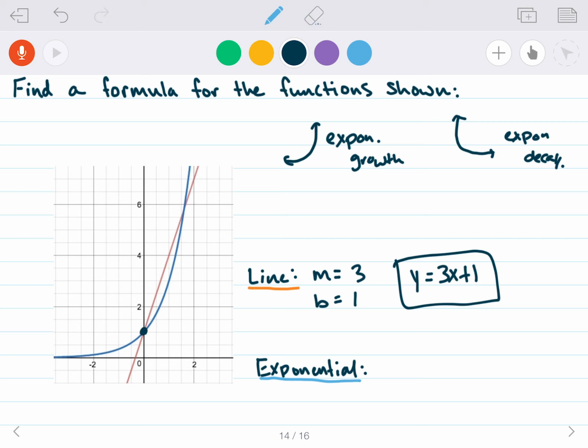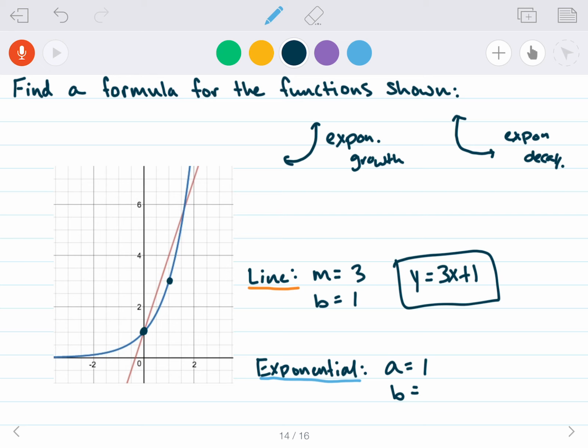So that guy is our a value, and that's 1. So it's the same as our b in the line. Now our actual base in the exponential function we need to figure out. And we can figure that out by just finding a point on the exponential curve and plugging it into our basic equation.